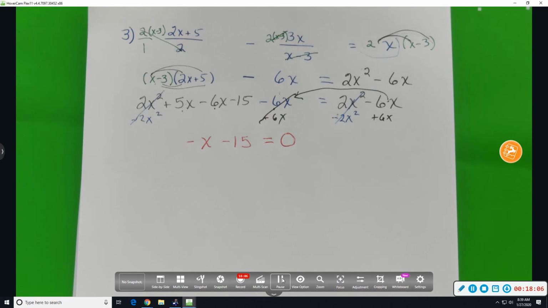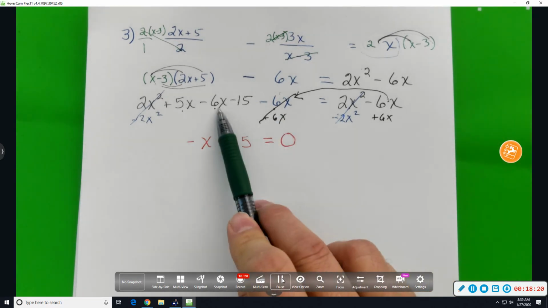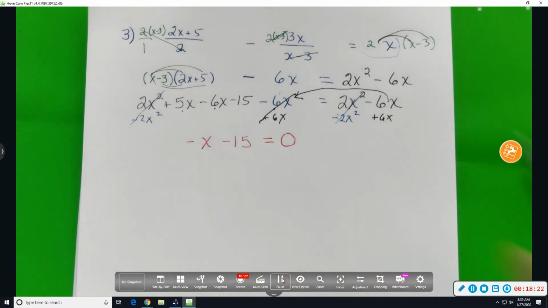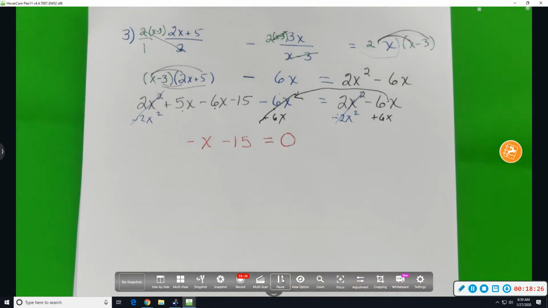Look through that messy manipulation. It won't all be quite this messy with the manipulation, but let's see what I did there. The 6x on the right side cancels out with this one over here, or even with the other one, it doesn't matter. When you add 6x to both sides, it's going to get rid of one of those minus 6x's.